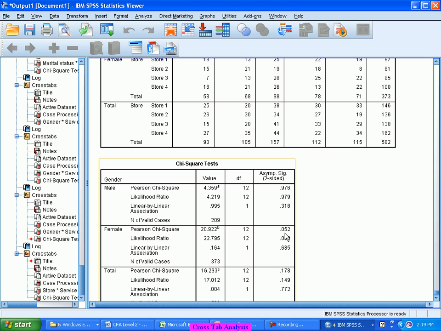In whatever situation the significance value is less than 0.05, I can very well identify that there is a difference between those two variables at that layer, which becomes a point of analysis. As long as they are uniform, we don't need to bother. The moment there is a number less than 0.05 and it shows a significant difference, that is where my point of analysis starts.